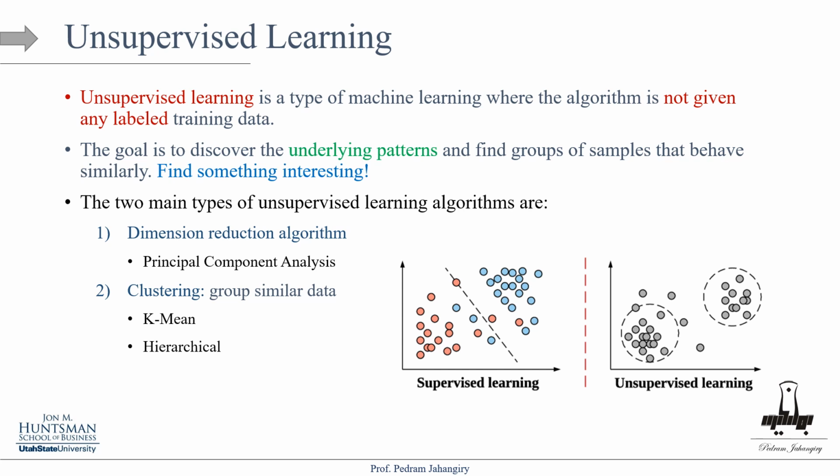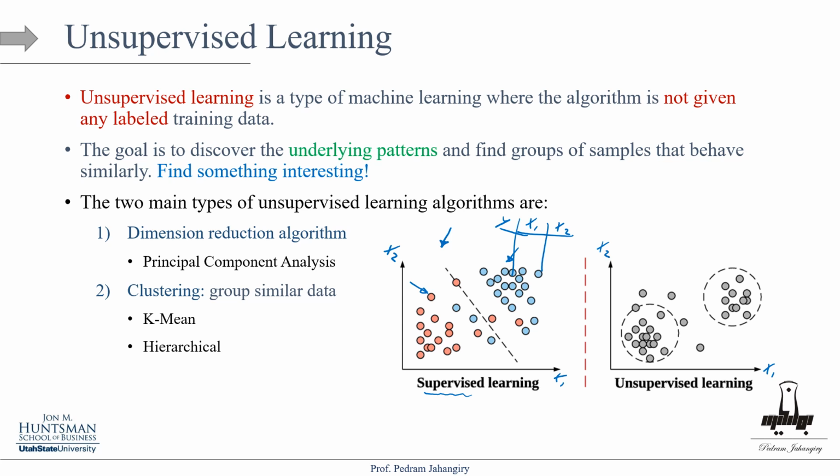So let's look at this simple example. On the left, this is supervised data, right? Why is it supervised? Because I have x1 here, I have x2 here, and I have colors. So these colors are labels, right? So it can be x1, x2, and your target variable can be blue or red. However, on the right, we have x1 and x2, and as you can see, there's no color here, so there's no label here.